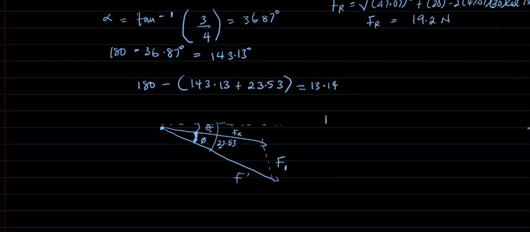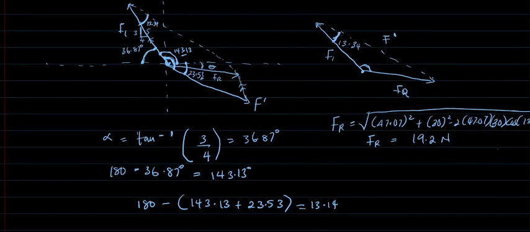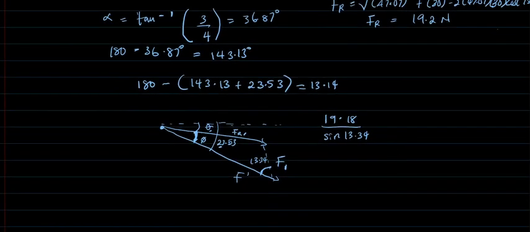We're going to have FR, which is 19.2, I'll use the approximate 19, over sine 13.34, which is the angle directly opposite to it. 13.34. Reason being, in a parallelogram, angles directly opposite to each other are equal. You can just pause the video and go and check it out on Google.